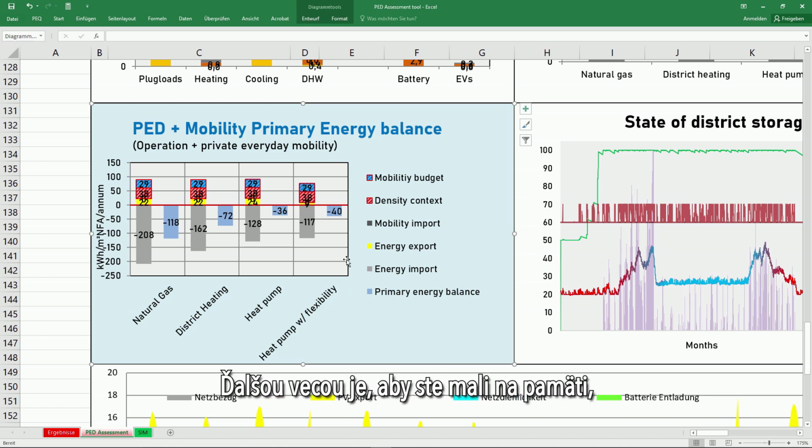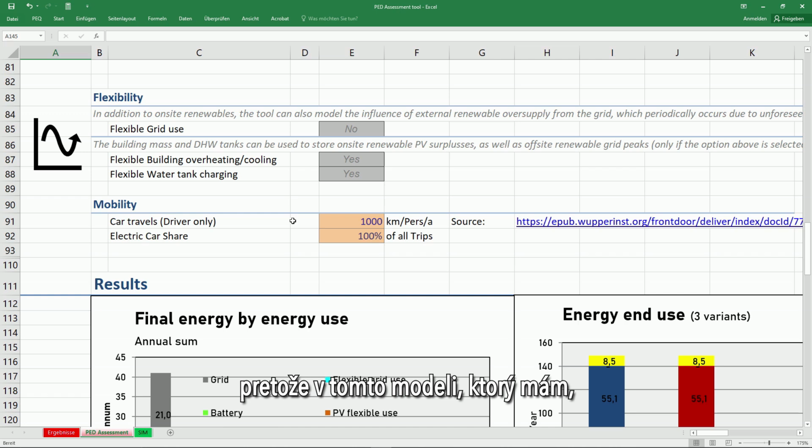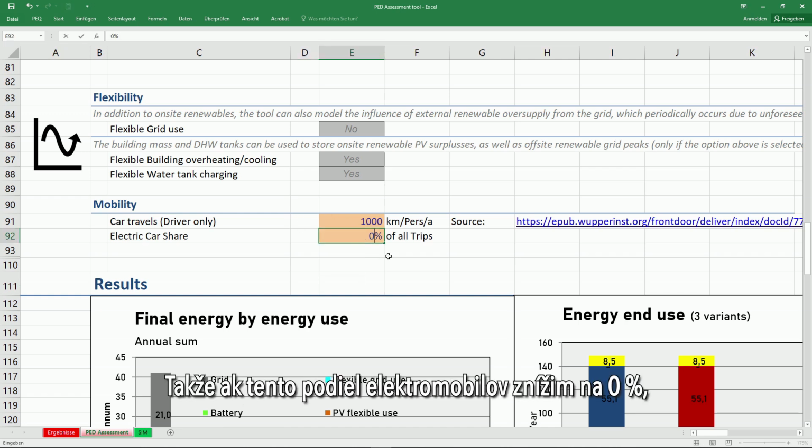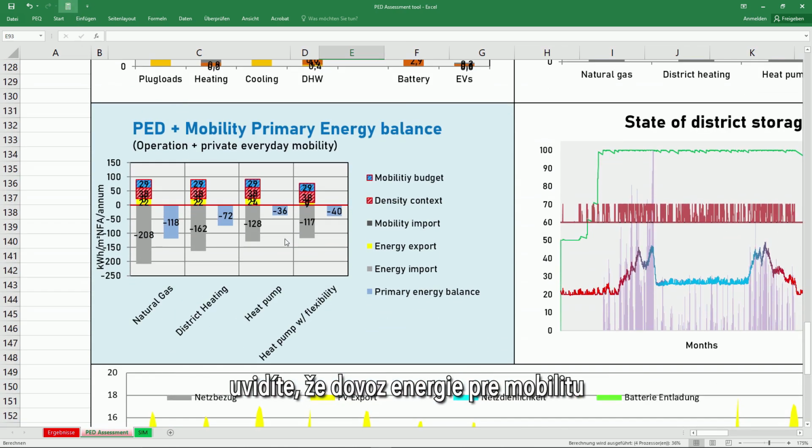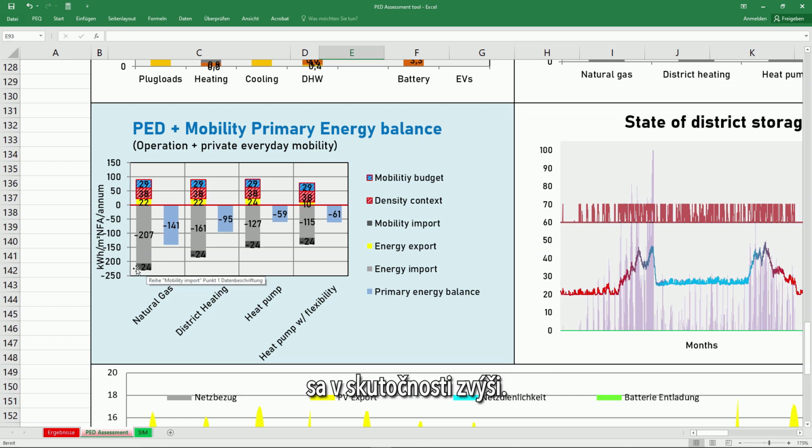Another thing to keep in mind is that the mobility energy here only takes into account fossil mobility. So it does not show anything here because in this model I have an electric car share of 100%. If I set this electric car share down to 0%, you will see that the energy import for the mobility is actually increased.